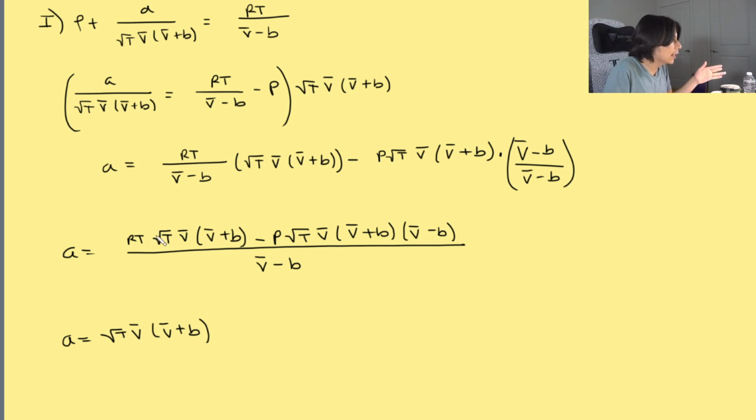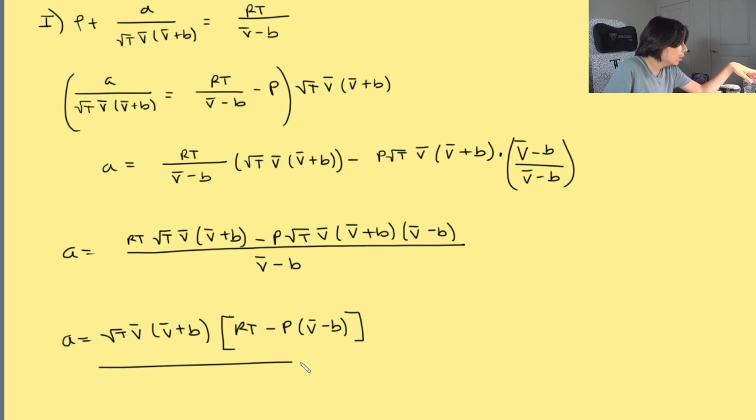And then all we have to do is put big brackets and put everything else that goes in so that it would equal this numerator right here. So in this case, it would have to be RT, and then minus P times V bar minus B, and then all over, let me finish drawing this line, V bar minus B. And then further simplified, this would be, okay, yes, that's correct.